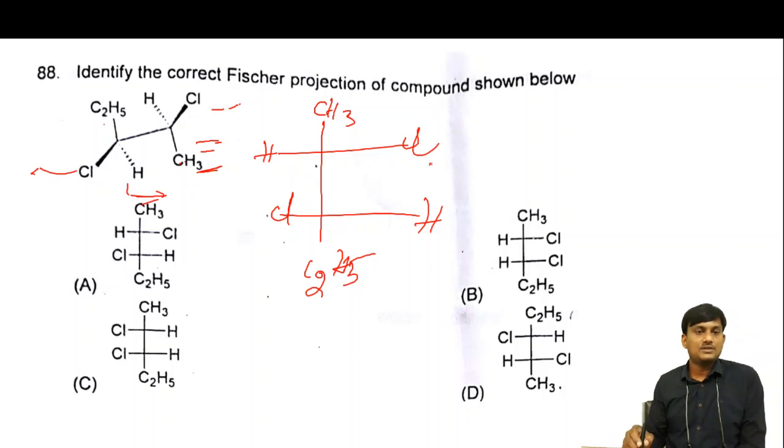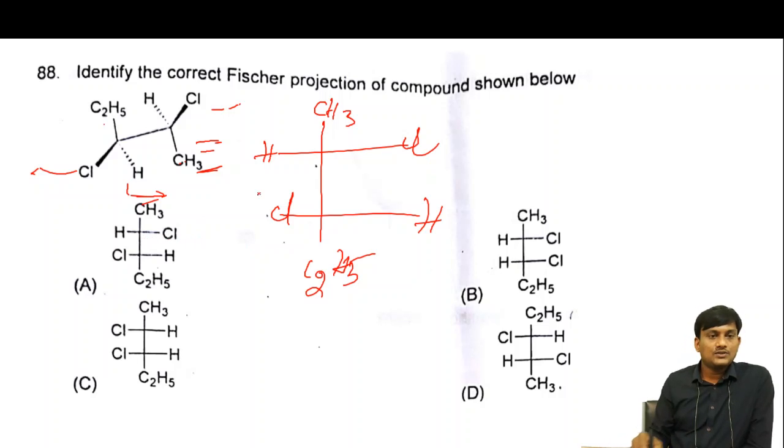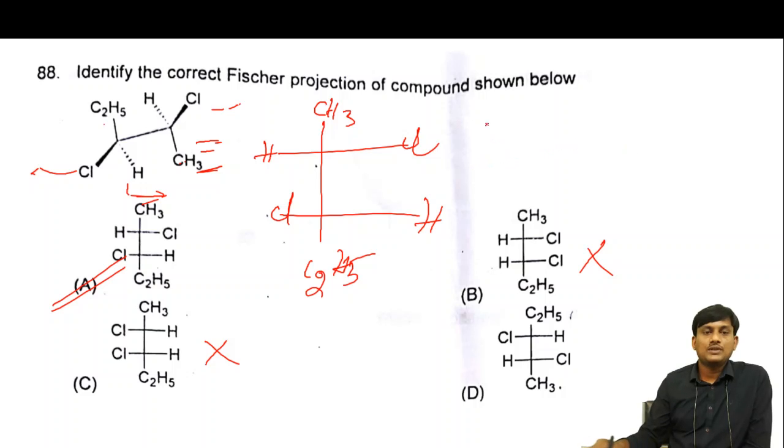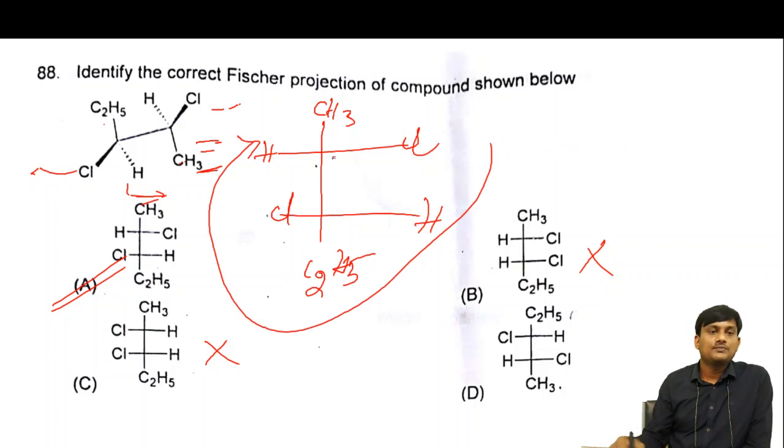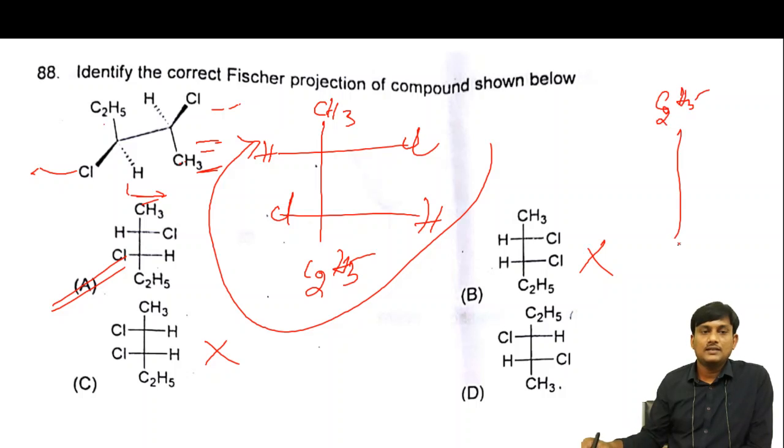Okay, this is the conversion. Here CH3, HCl, ClH: first option correct, second one is wrong, third one also wrong. Fourth one, suppose C2H5. Suppose when you rotate this molecule, upside you will get C2H5 and downside vertical position you will get CH3.